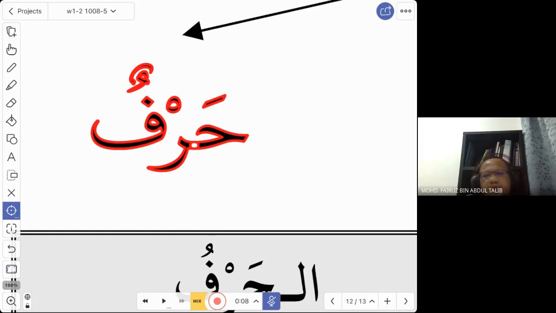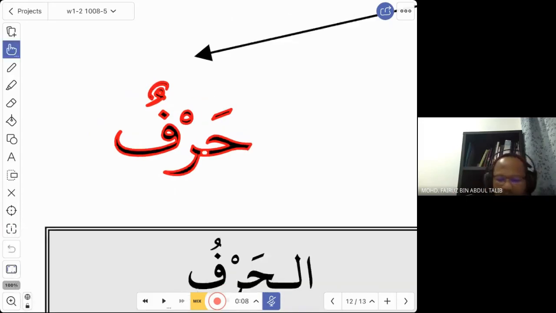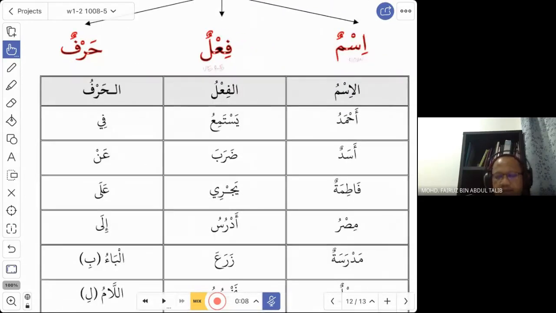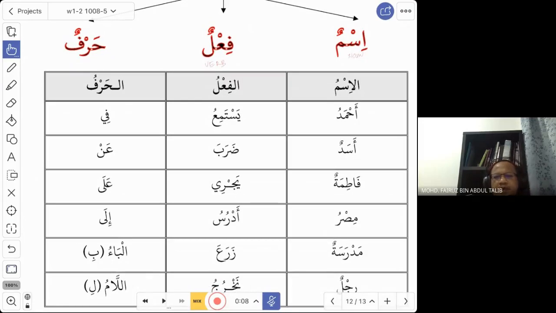Like in English, you have conjunction and preposition. So these are some examples of harf. Now let us take a look at some examples of ism, fi'l, and also harf.